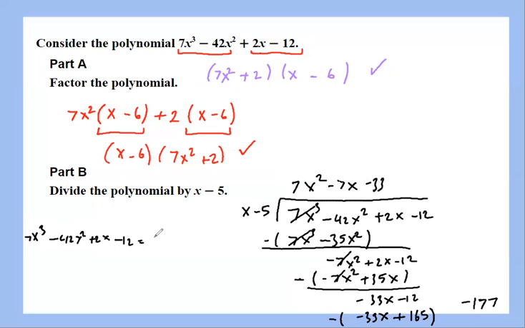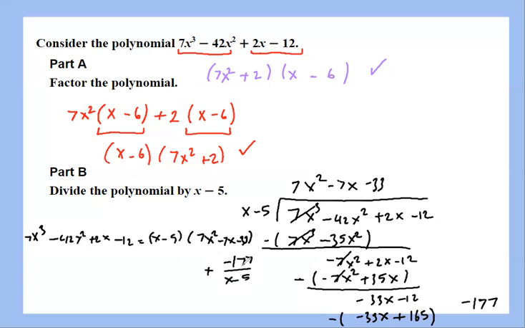So I can divide by x minus 5. And then when you divide it, you get 7x squared minus 7x minus 33, right? And then there is a remainder of negative 177. So I should write plus negative 177 over what we were dividing by, which is x minus 5.